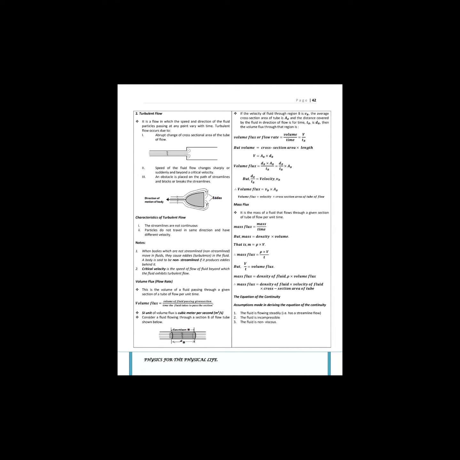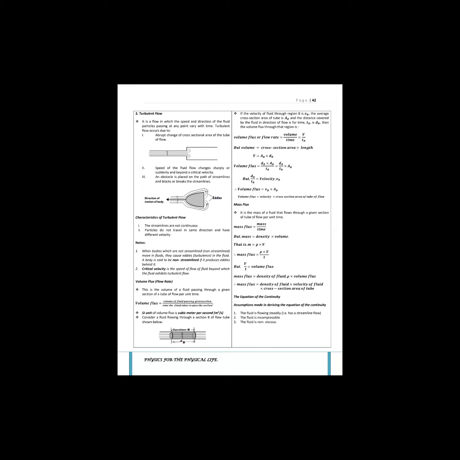So it is a flow in which, unlike the first one, the speed and direction of fluid particles passing at any point vary with time. We have instances of occurrence of turbulent flow. We have some examples here.